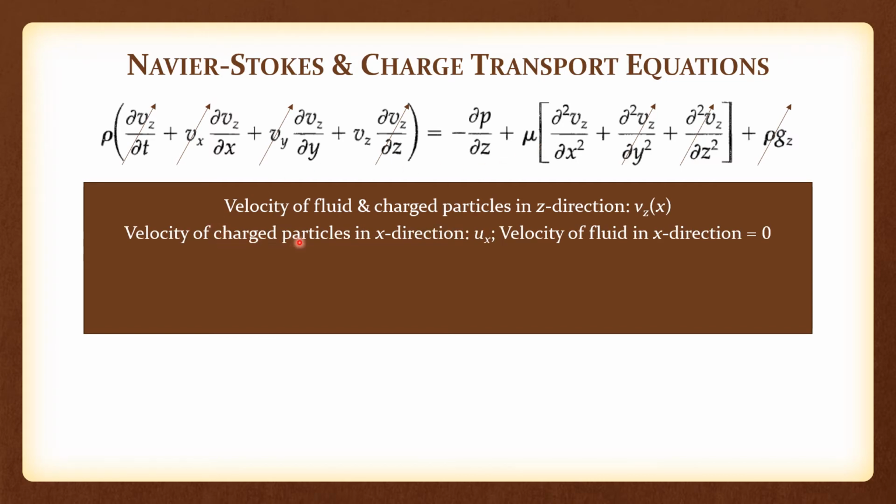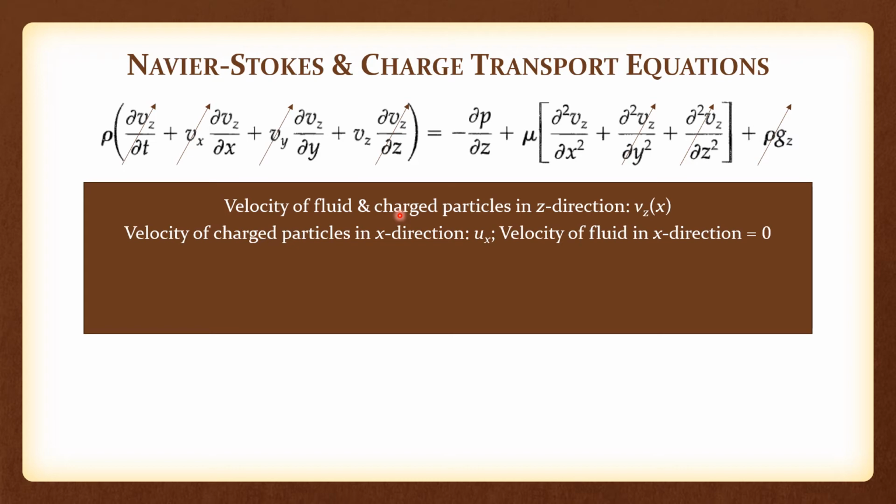And so there is a velocity of the charged particles in the x direction. Now why is there a velocity of the charged particles alone in the x direction and no fluid velocity in the x direction? Well, the fluid cannot go to either of the surfaces. They are rigid surfaces, the parallel plates, and therefore the convective bulk flow is only along the z direction.